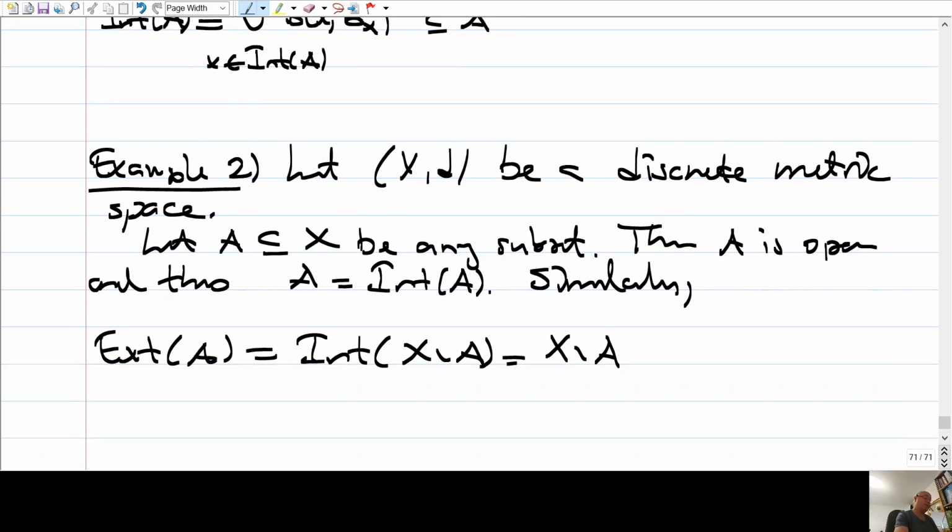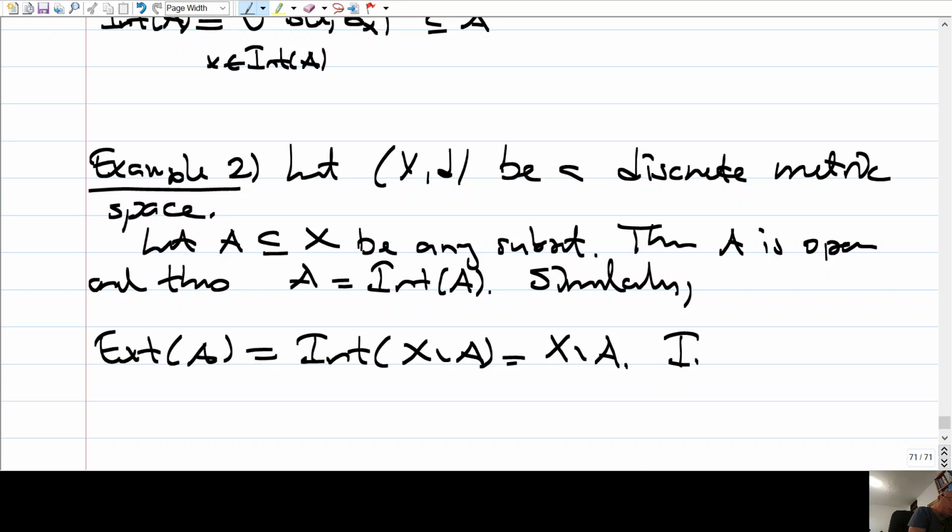So, in a discrete metric space, the interior of A is A, and the exterior of A is just X minus A. What about the boundary? Well, nothing is left for the boundary, right? Interior and exterior cover everything. They cover A and X minus A, and there is nothing left for a boundary.